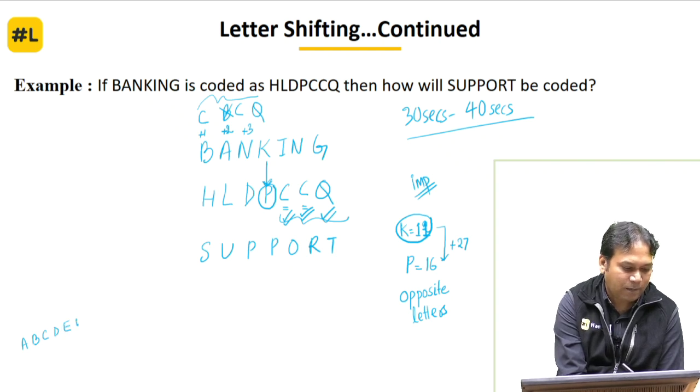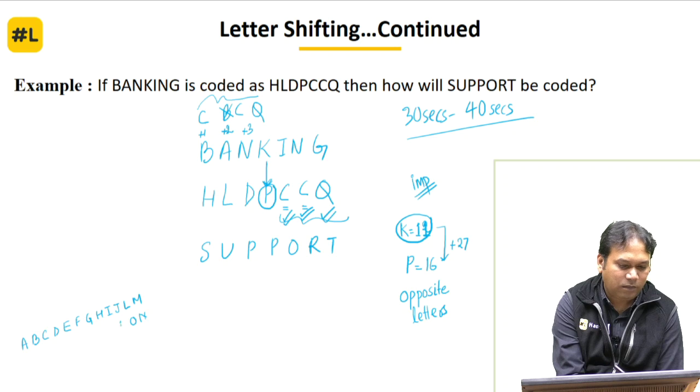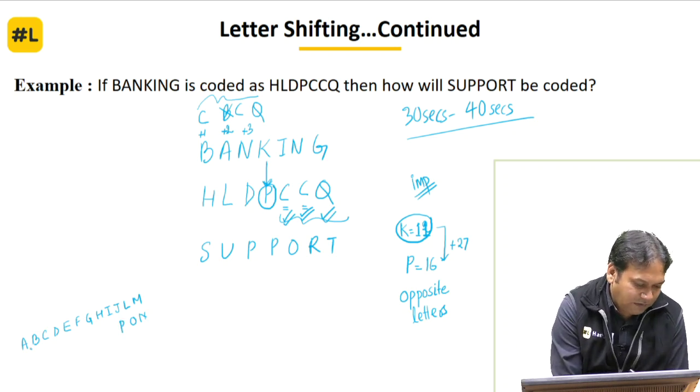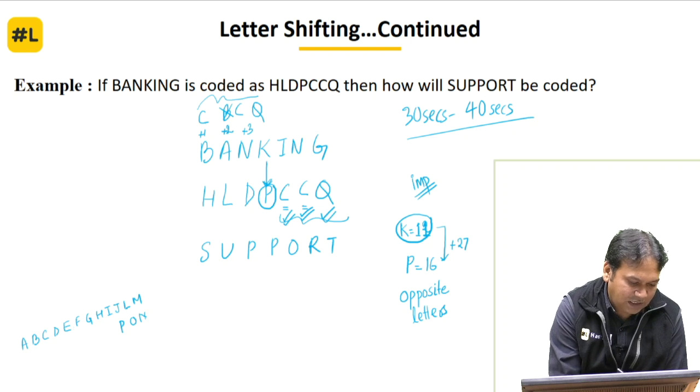Let us see. If you write down till M and then start reversing N, O, P. So, we have A, B, C, D, E, F, G, H, I, J, K is there. I start on K, L, M, and then just erase this part, 1 second.